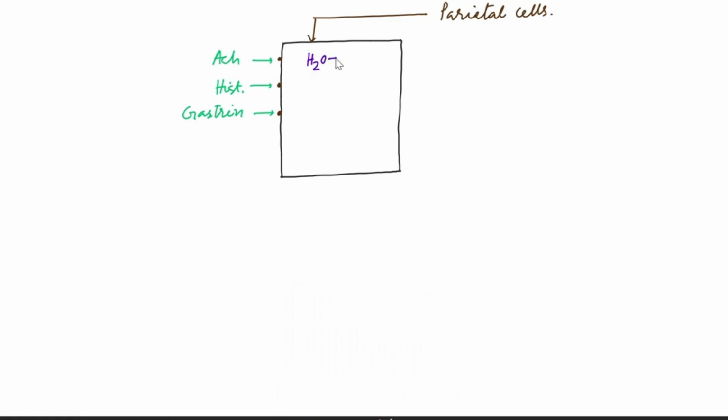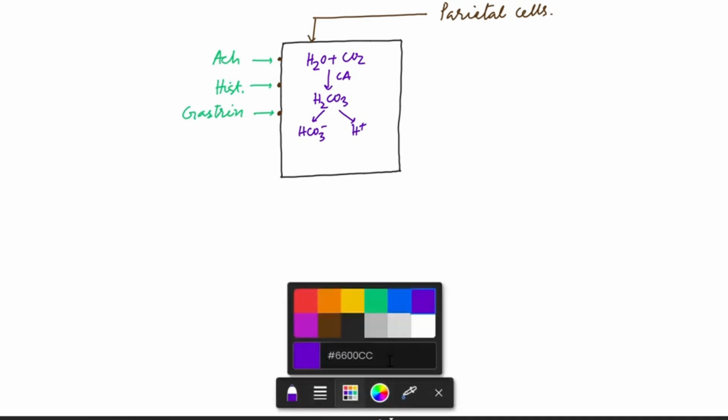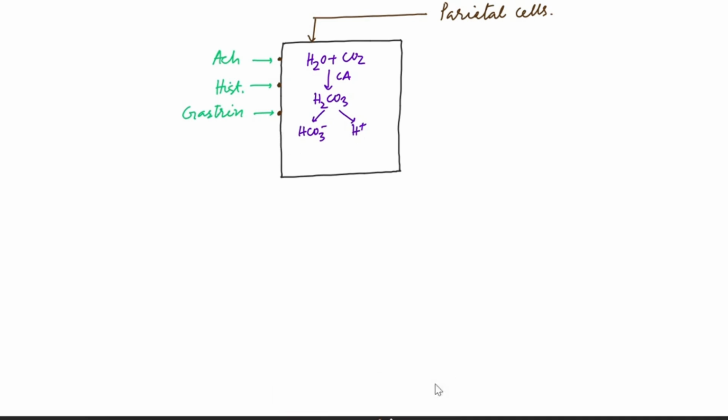Now, H2O and CO2, with the help of carbonic anhydrase, produce H2CO3. After dissociation, it produces a bicarbonate ion and an H plus ion. There is a transporter present here and another transporter here.